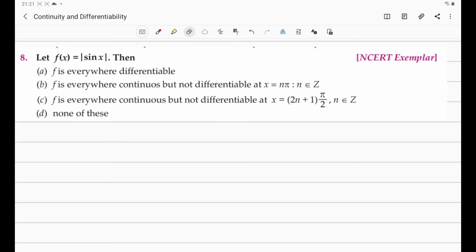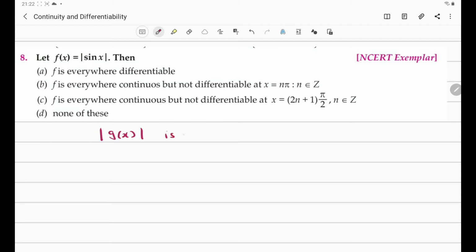Question number 8. Let f of x is equal to modulus of sin x. Then we are given the 4 options. Always remember, modulus function is not differentiable at the vertex. When we have modulus of any function, say g of x, then this function is not differentiable when g of x is equal to 0.